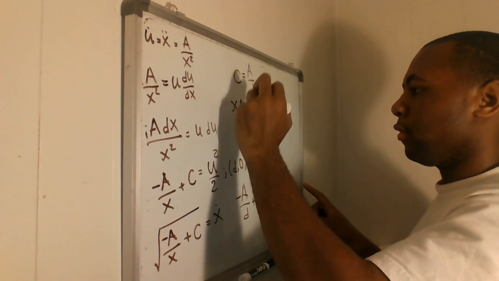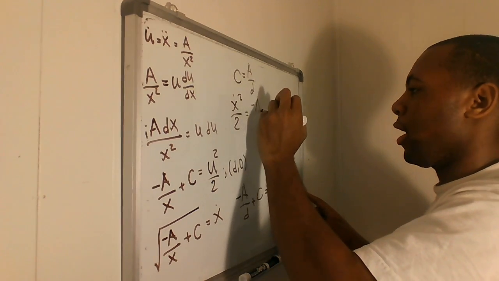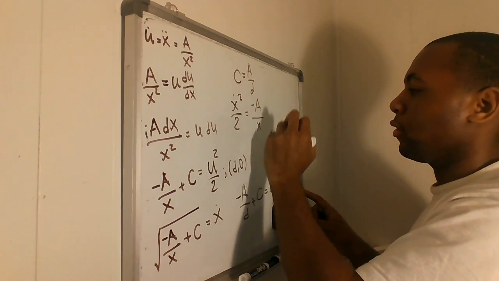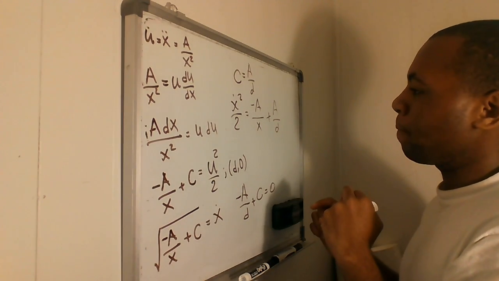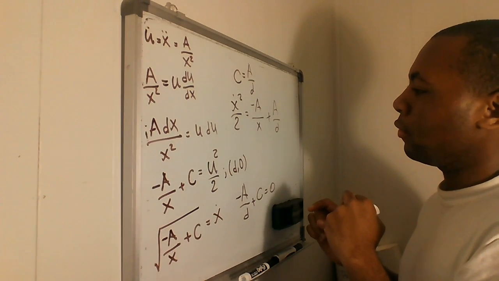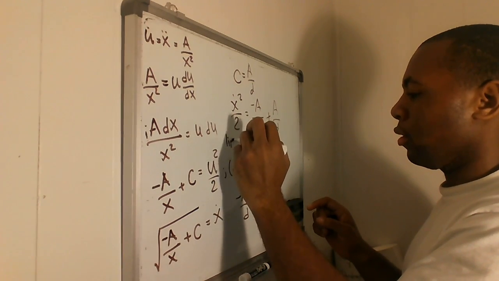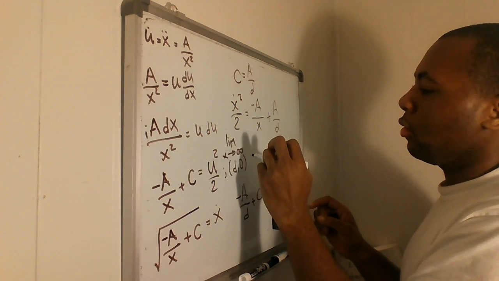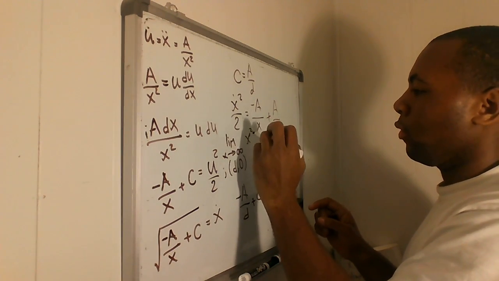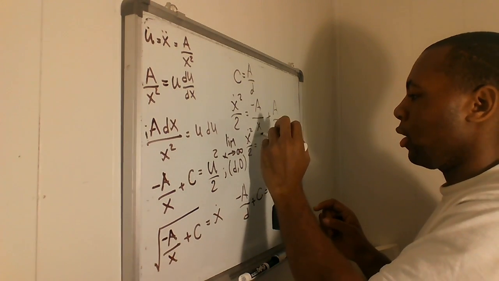We've got the velocity squared over 2 equals minus a over x plus a over d. And at the limit that x goes to infinity, you get u squared over 2 is equivalent to, this is 0, a over d.